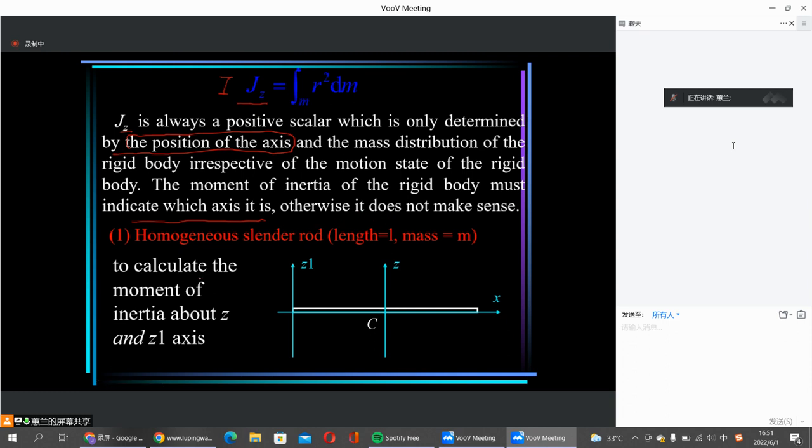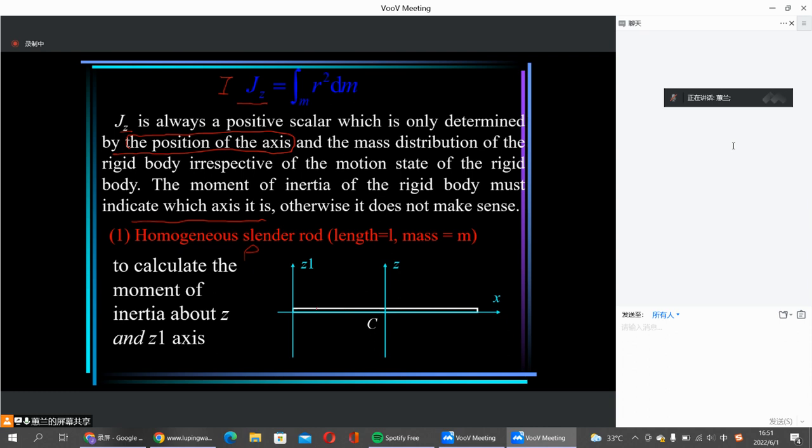So how do we calculate the moment of inertia? Here we start from a one-dimensional rigid body. We calculate a homogeneous slender body, which means the density is constant for the entire body.